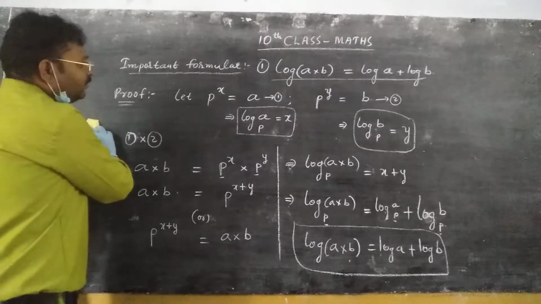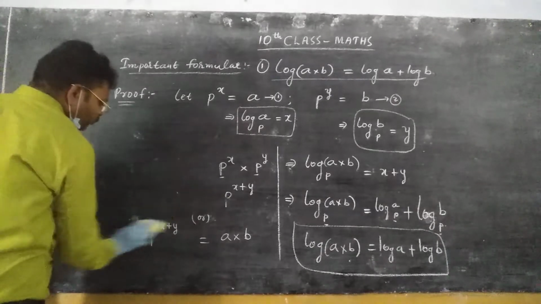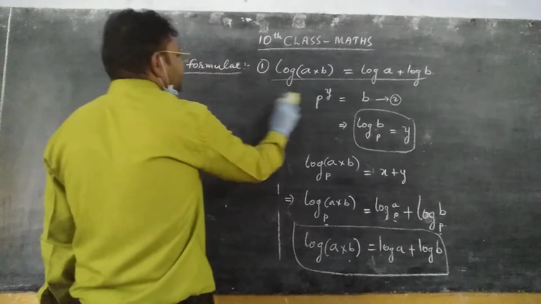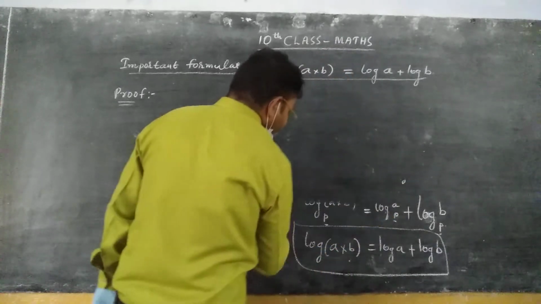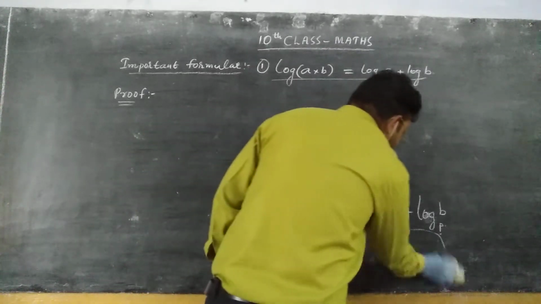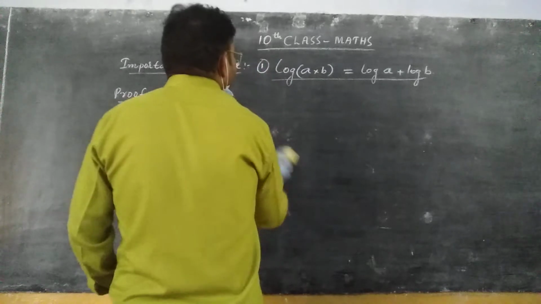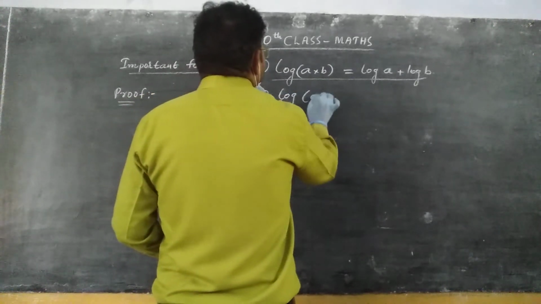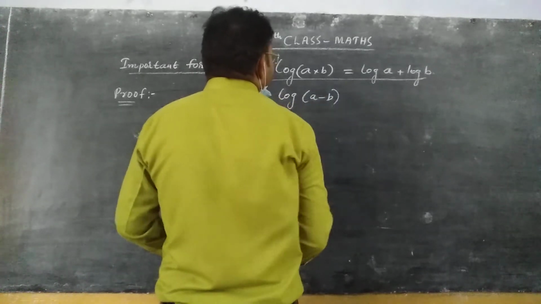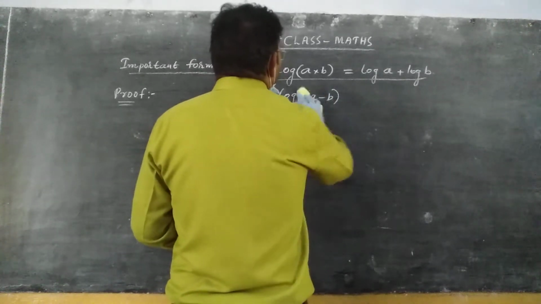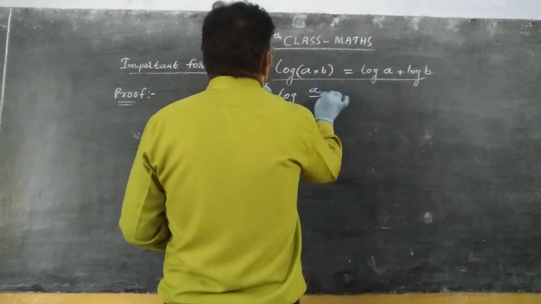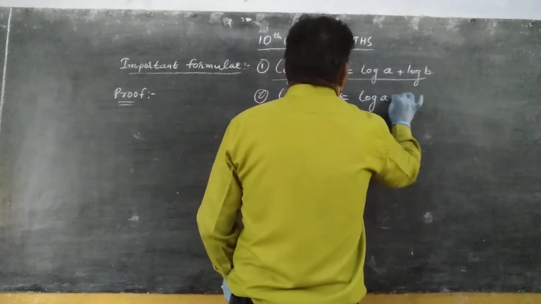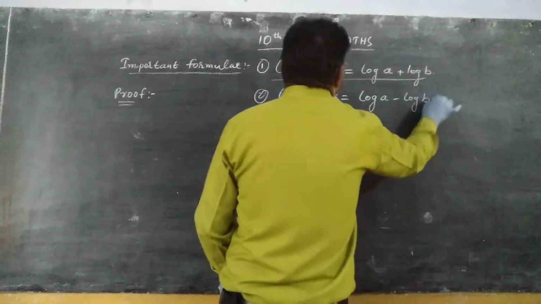Now let us do one more proof. The second proof is log a by b is equal to log a minus log b.